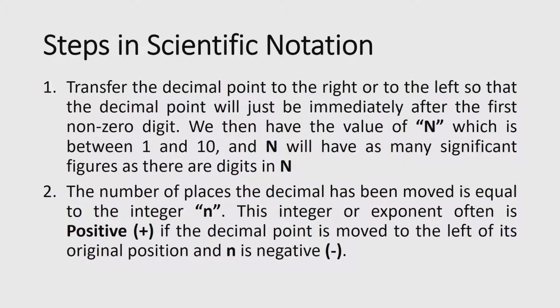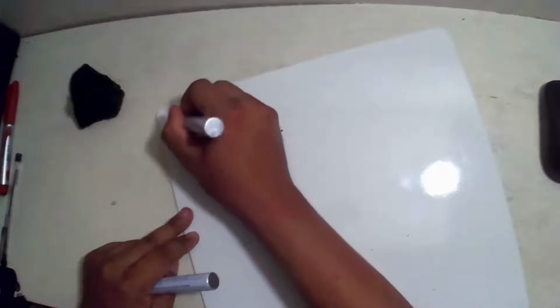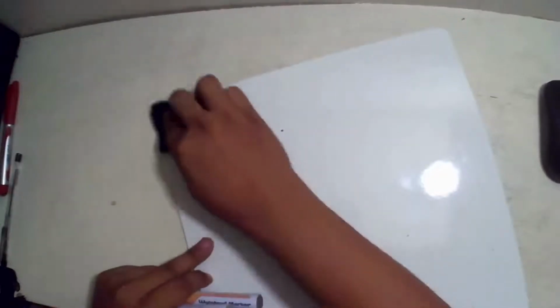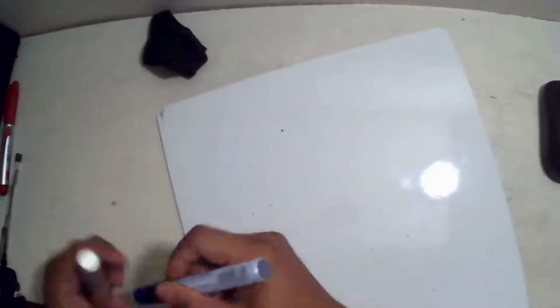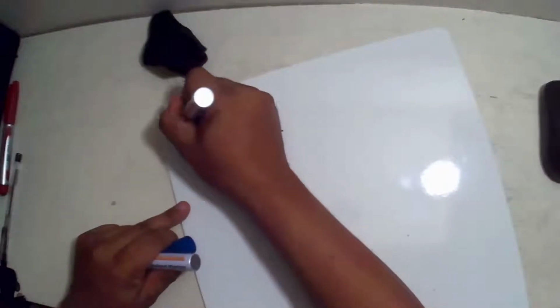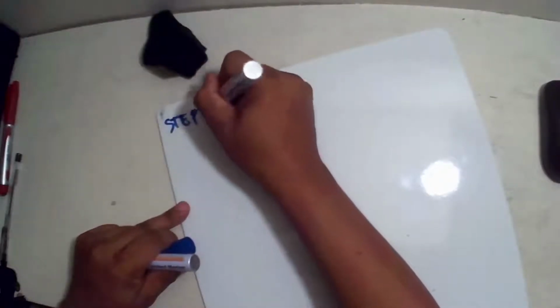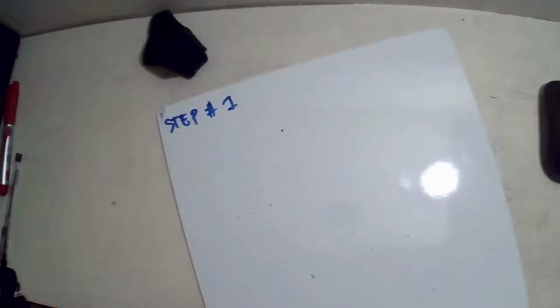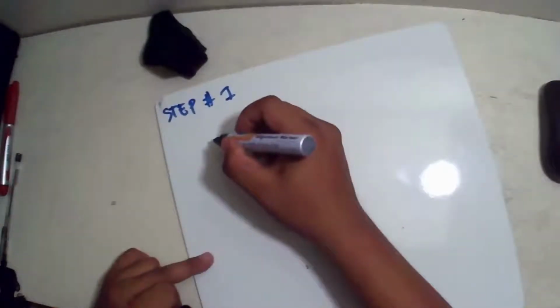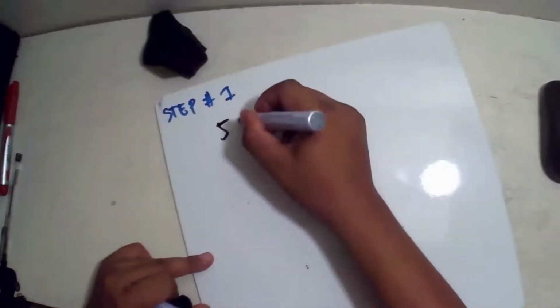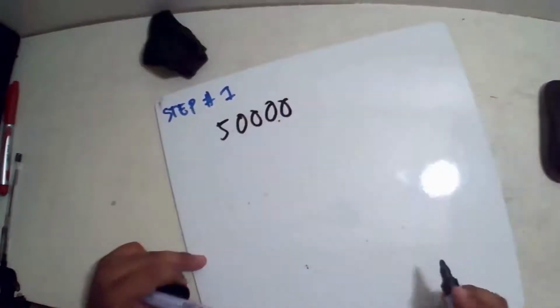For example, scientific notation step 1. Step number 1. For example, we have this series of number 50000.